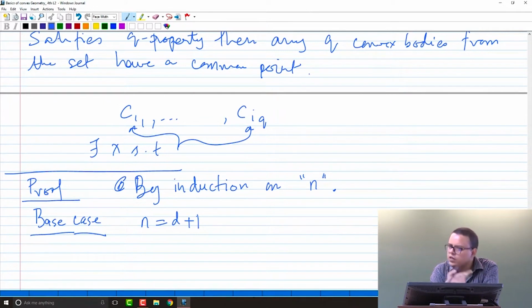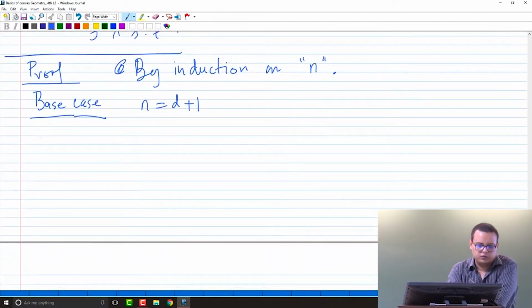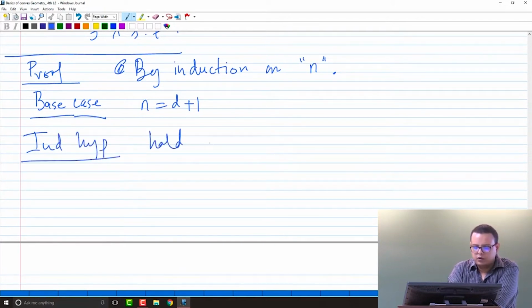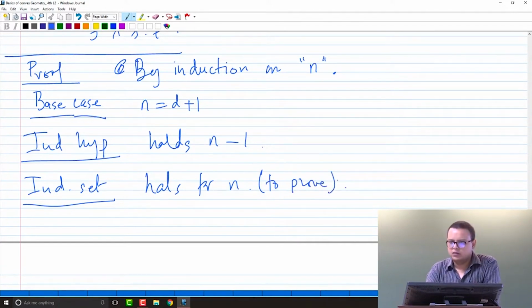No. The d plus 1 property takes care of it. What is the induction hypothesis? It holds for n minus 1. The induction step is: it holds for n. This is what we want to prove, and then we will be done. So, n is basically greater than or equal to d plus 2.